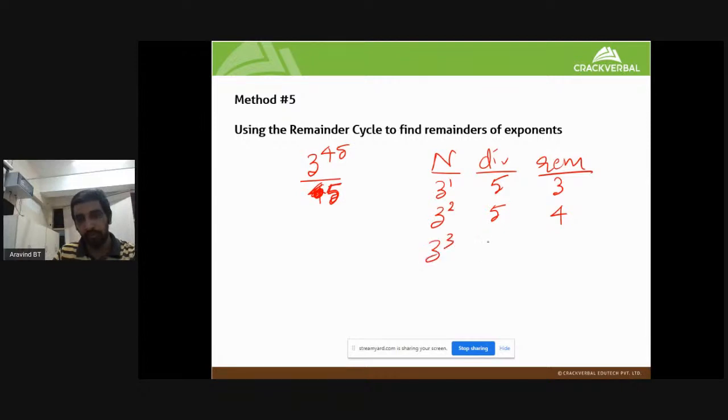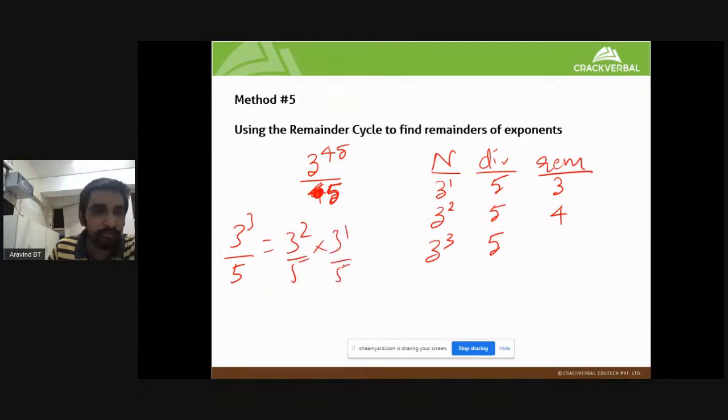3 cube, 5. This is where I want all of you to be really smart. Understand that 3 cube is nothing but 3 square into 3 power 1. 3 cube by 5 is nothing but 3 square by 5 into 3 power 1 by 5. Remainder rules.